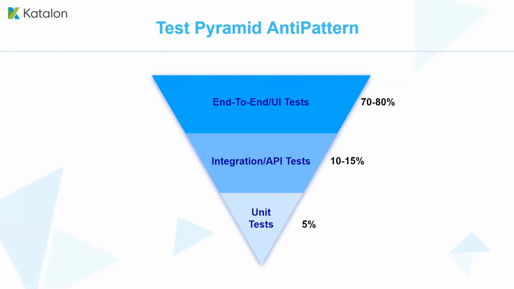You need to increase the number of API tests first, then stop developing end-to-end tests. And finally, when your API tests become stable, you can focus on developing more unit tests. In my experience, that's how things went down.